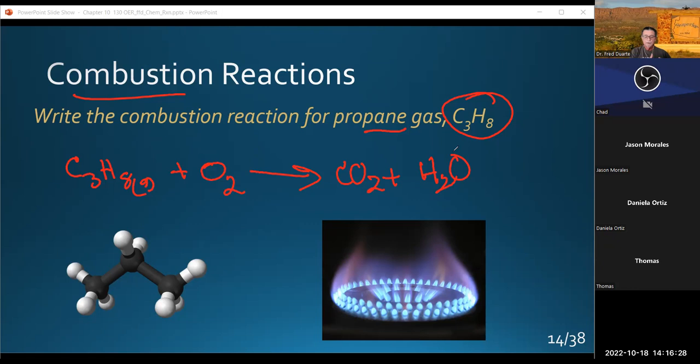Okay. Now, to balance these, this is the one we have a step with. Step number 1, balance the carbons first. Okay. So we got 3 carbons here. We simply put a 3 on the right-hand side. Okay. Number 2, balance the hydrogens next.